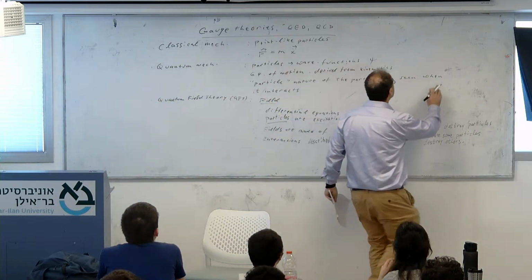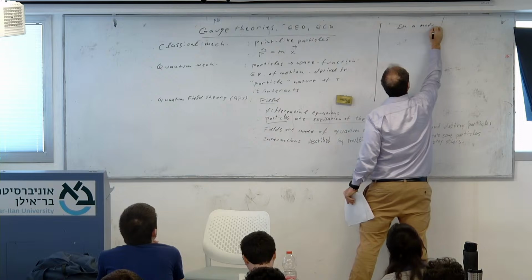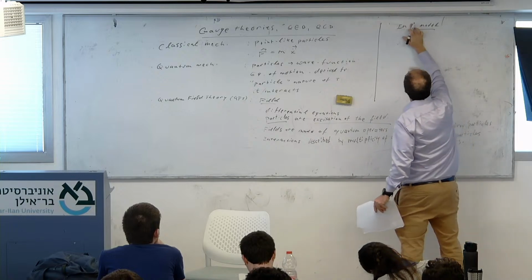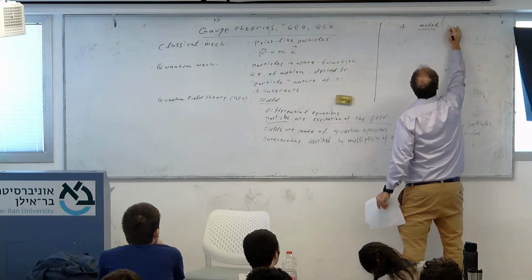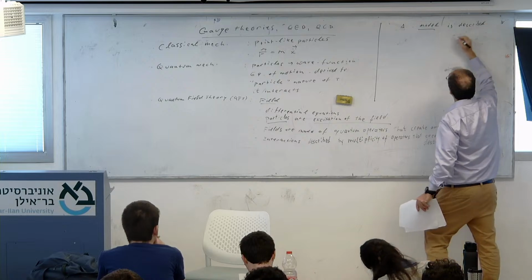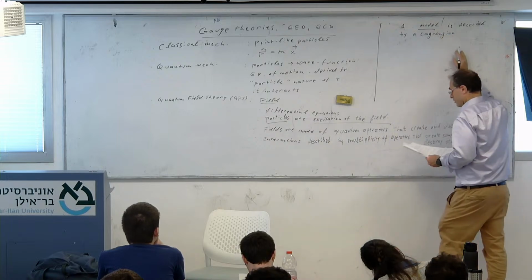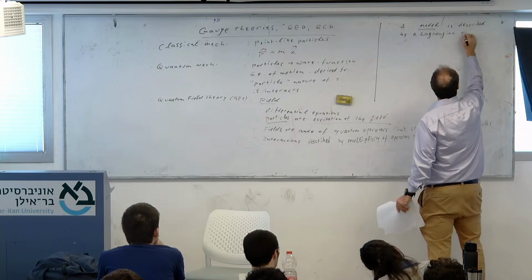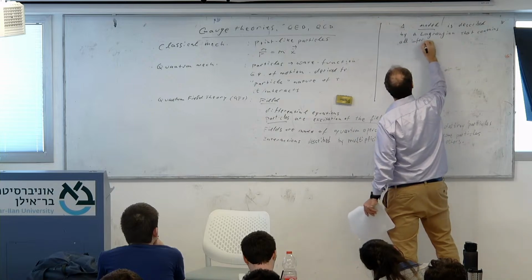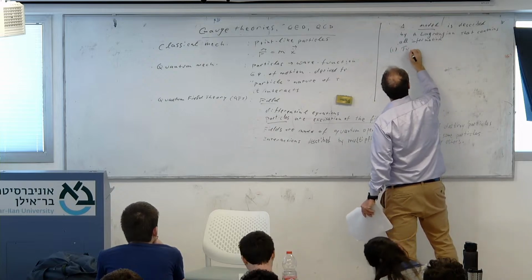A model such as the standard model is described by the Lagrangian that contains all the information about what types of particles.